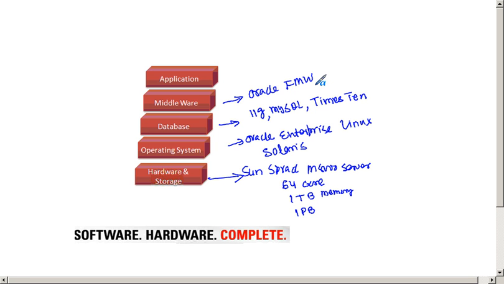Oracle also sells applications, which means that instead of you developing the application, let Oracle develop the application for you. You take that application and customize it to your need, and it is built on top of this whole product technology stack. Okay, so this is how Oracle helps you build an information system.